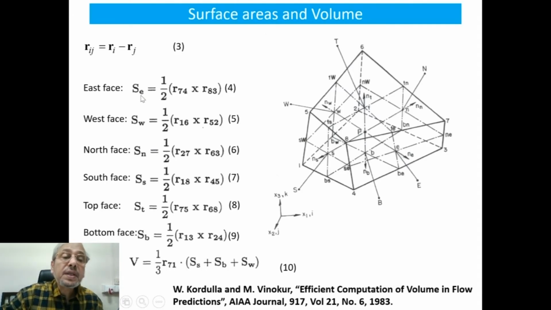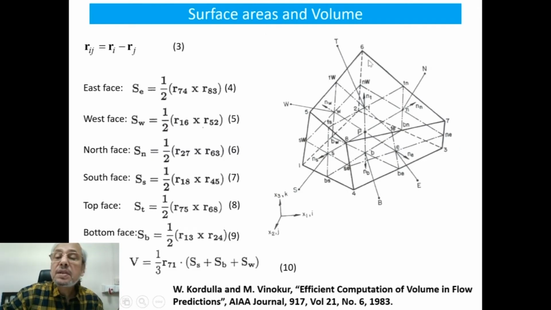The surface area of the eastern face is given by half R74 into R83. Similarly, the surface area of the western surface is given by half R16 multiplied by R52.